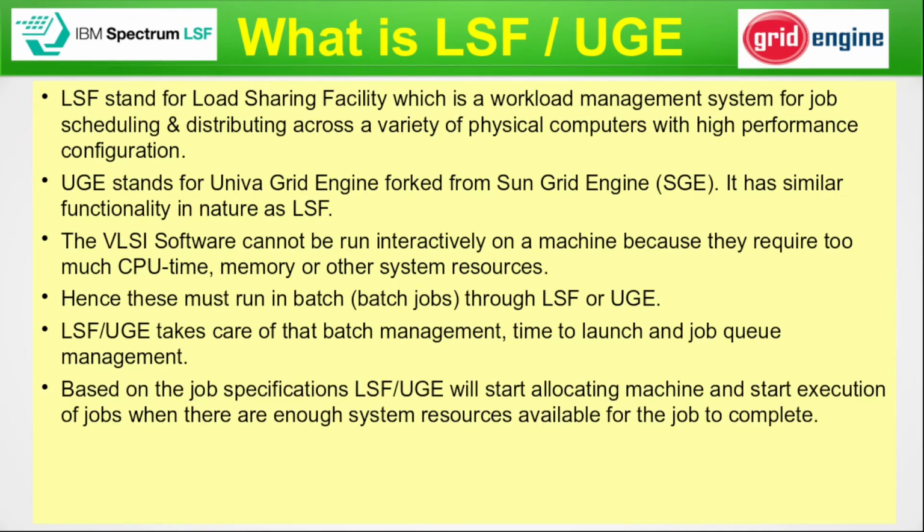Based on the job specification, LSF or UG will start allocating a machine and start execution of the job where there are enough system resources available for the job to complete. So not only does it take care of the beginning and ending, however it also checks that the proper system resources are allocated. If that system resource is not free, the job will wait in the queue. Once such a particular system resource is free, the job will run.